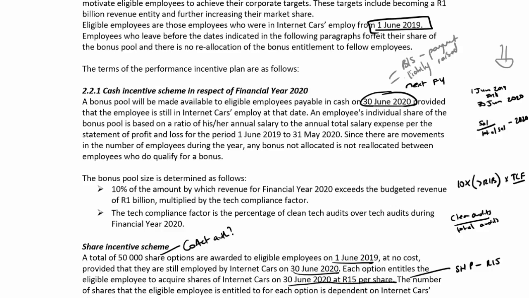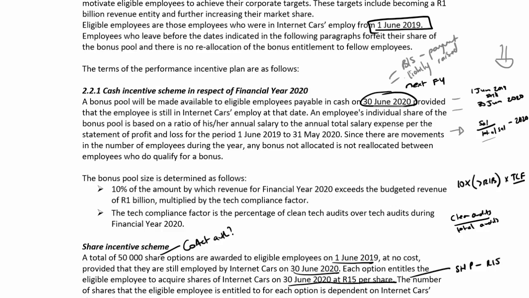Before I get into the journals though, I want to see the terms and conditions. And so here's some of the terms and conditions. They have to be employed on the 1st of June and remain employed until the 30th of June. There is a salary ratio, which is personal salary divided by the total salary.